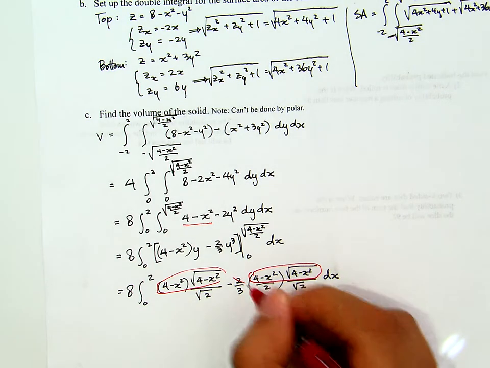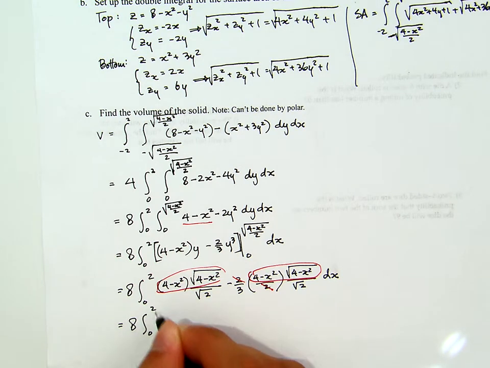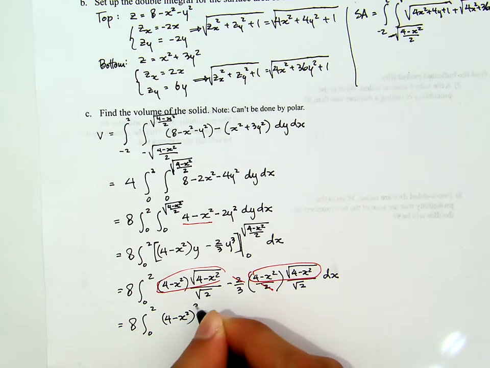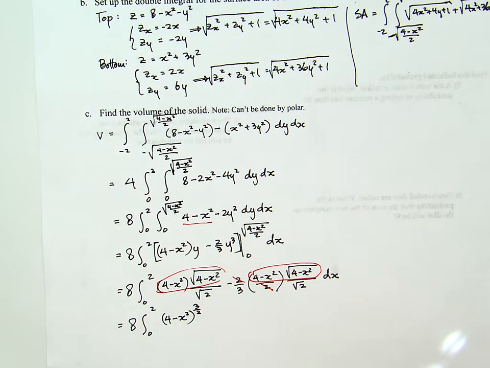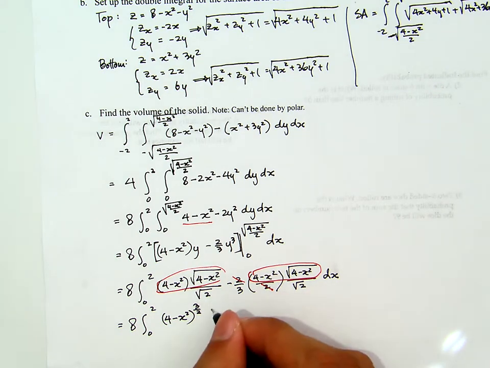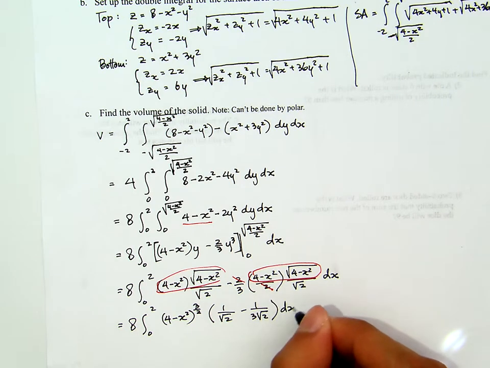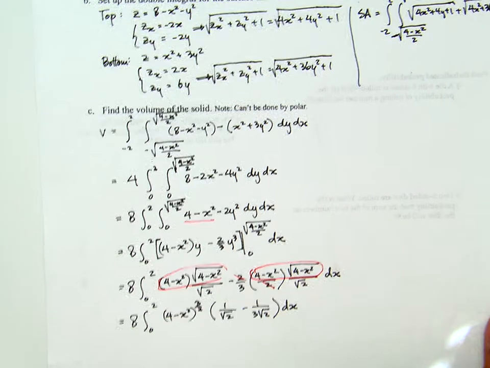Okay, and I can cancel this. So I will rewrite that common factor now as 4 minus x squared to the power of 3/2. That's the common factor. And then inside, if I factorize, I will get 1 over square root of 2 minus 1 over 3 square root of 2, dx.